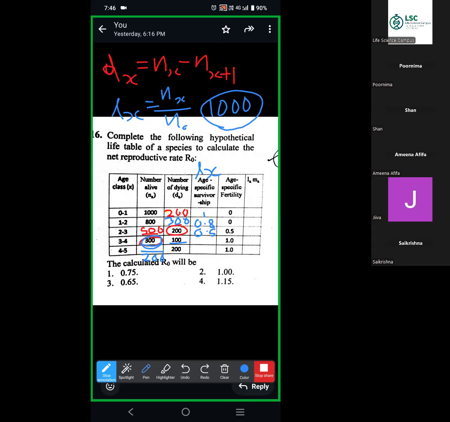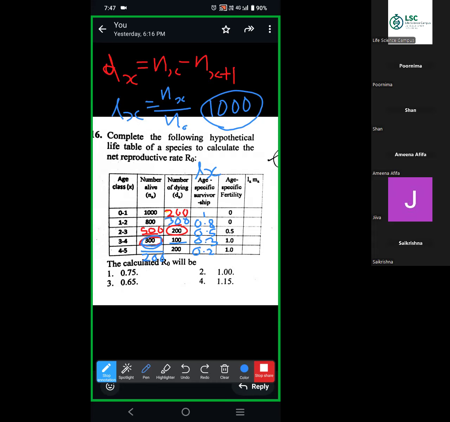Considering fourth age class, nx is 300 and n0 is 1000, so 300 by 1000, 0.3. Then last age class, 200 by 1000, that is 0.2. Is it okay? Okay, ma'am.